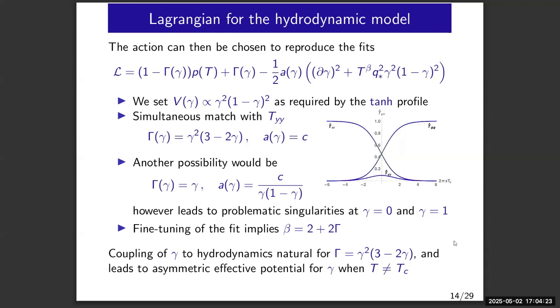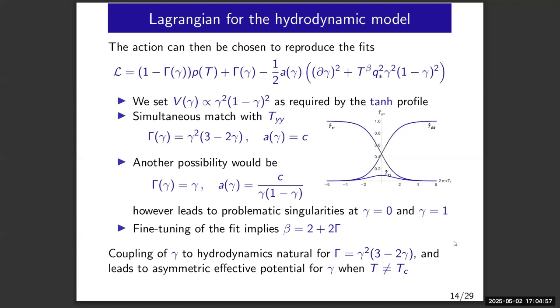Also, as it turns out, this choice of gamma here is natural in the sense that if you plug this in here, you see that you have a polynomial dependence on gamma. And the pressure, I didn't write it here, but we take to be just conformal, T to the fourth, maybe with some other choice.